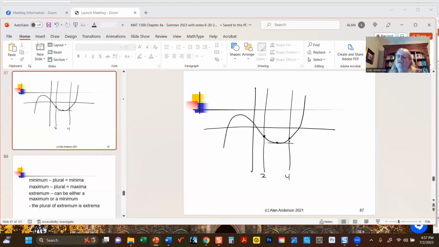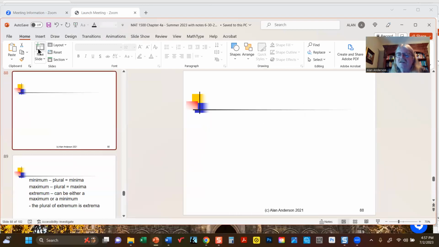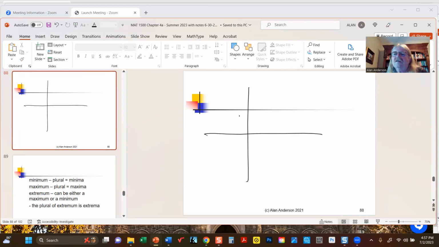Now, when would you ever run into this, by the way? In a lot of applied disciplines, we only have the possibility of positive values for x and y. So we may have some kind of a function where we have, let's say, something like this going on.